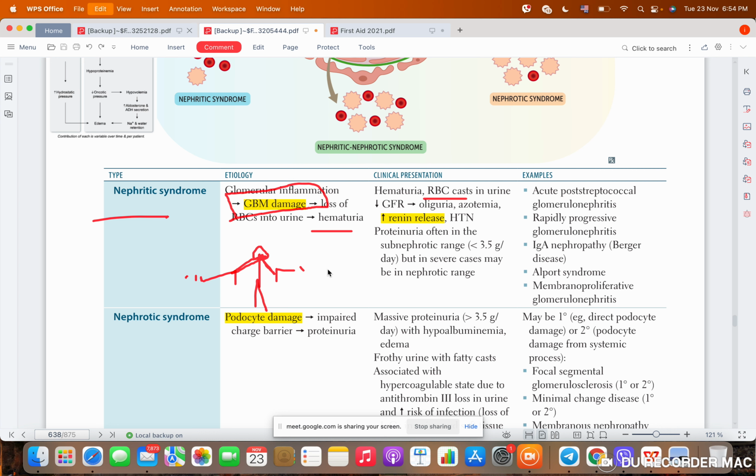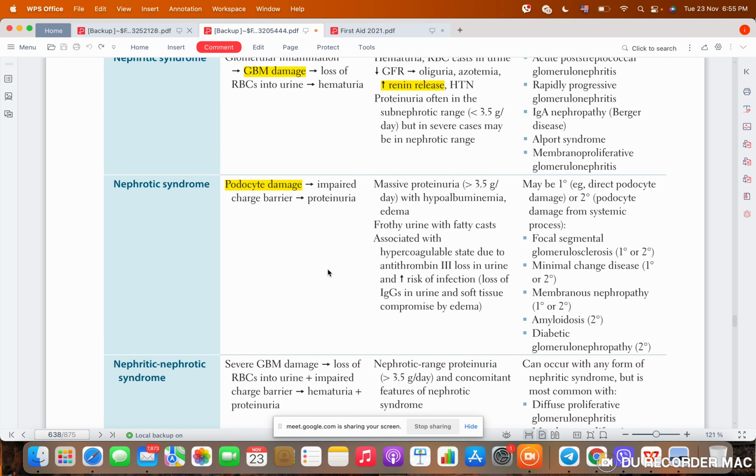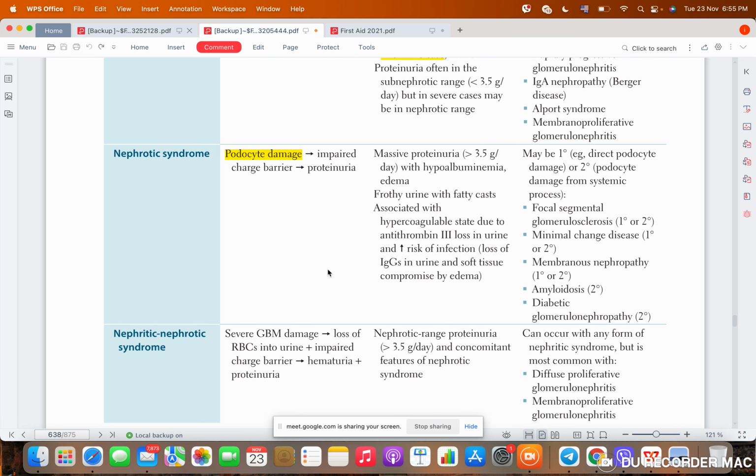With Alport, it's just a destruction of the collagen, because you are not making it. While in Goodpasture, you are making antibodies attacking that collagen and destroying it. So remember, Goodpasture has two guns, which he's shooting at the lung and at the kidney.